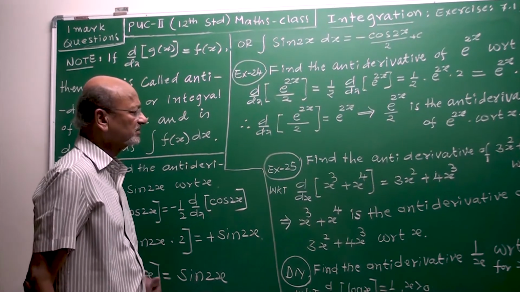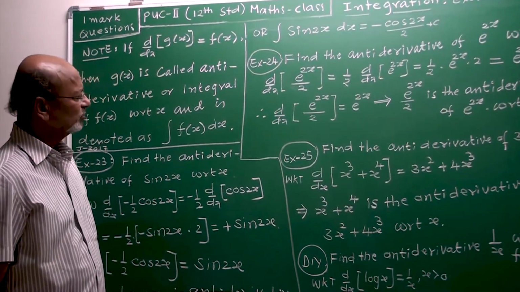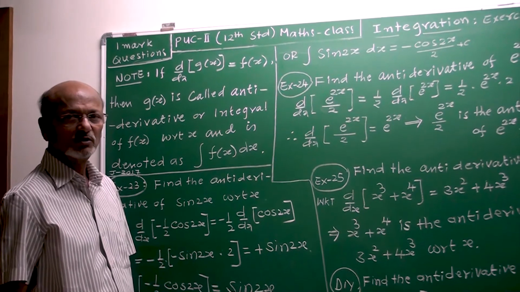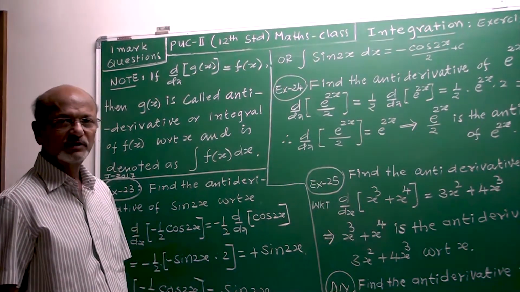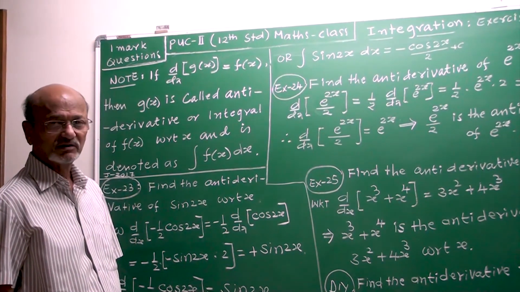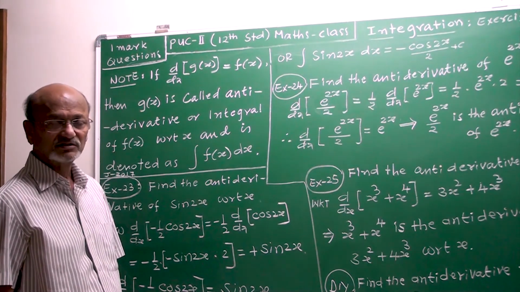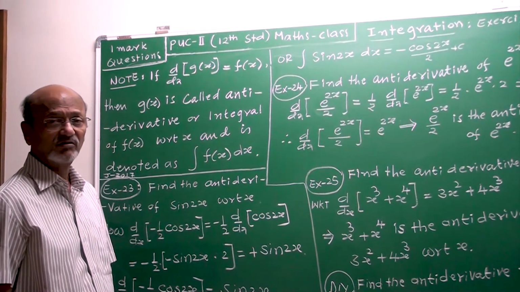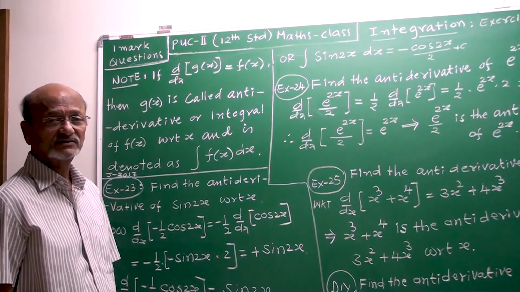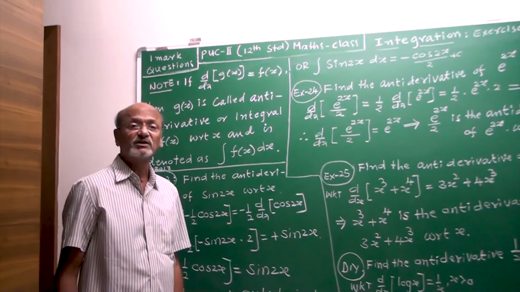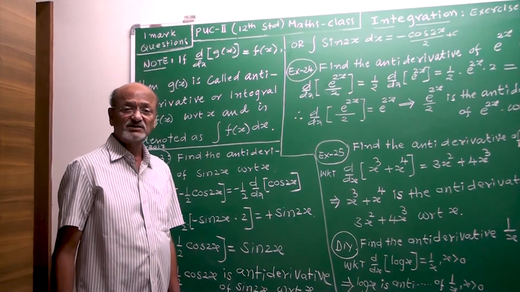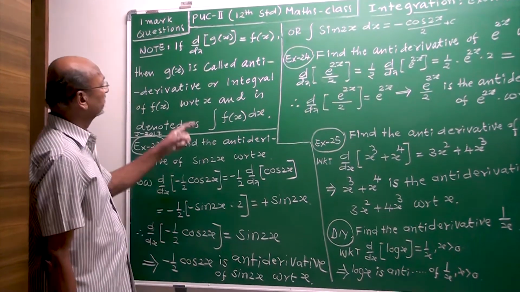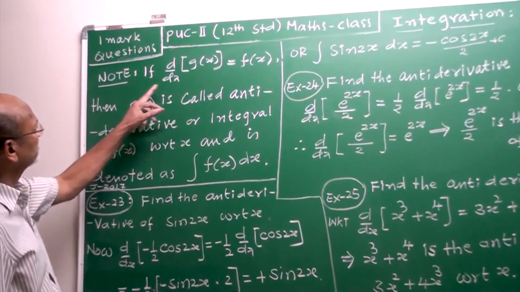Yes, my friends. Now I will do 2 or 3 examples based on the antiderivative of a function. Instead of find the integral or evaluate, they may ask: find the antiderivative of the given function. In the definition itself, I made it clear. Once again, remember the definition.